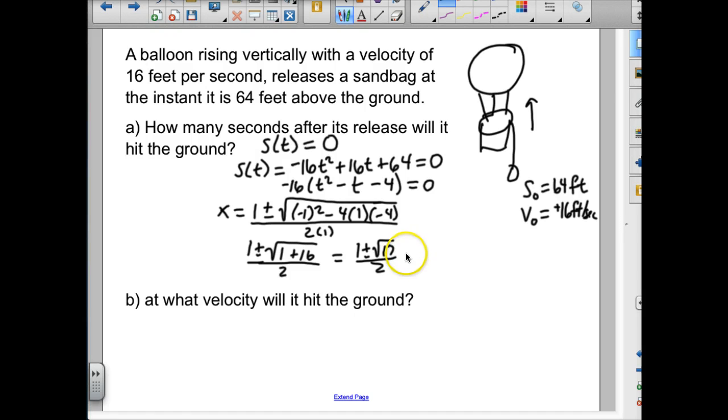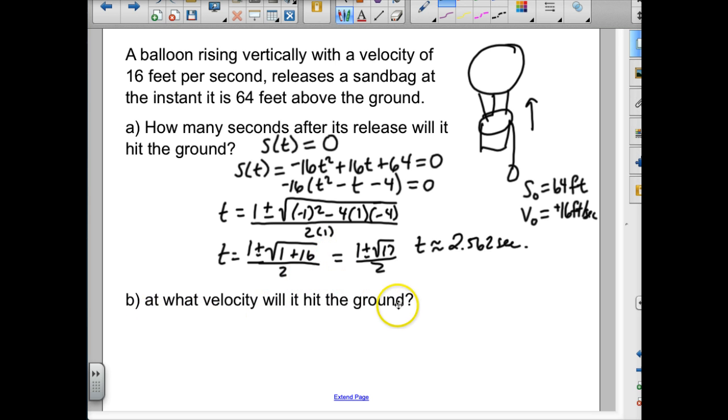And we want the positive value, because this is time, not x, so I should write the correct variable here. Time. We want the positive time value, so time equals 1 plus the square root of 17 over 2, which is about 2.562 seconds. So that's how long it will take for it to hit the ground.